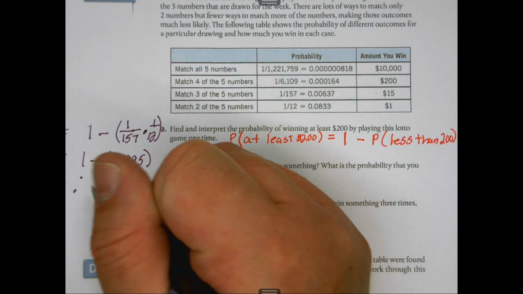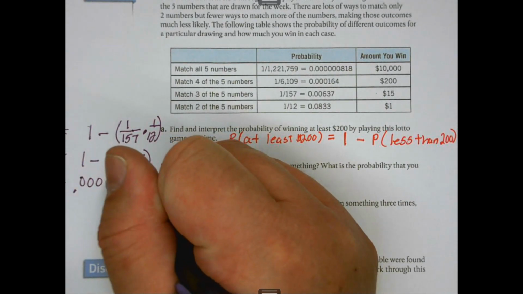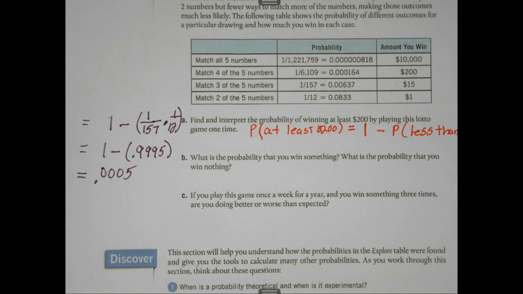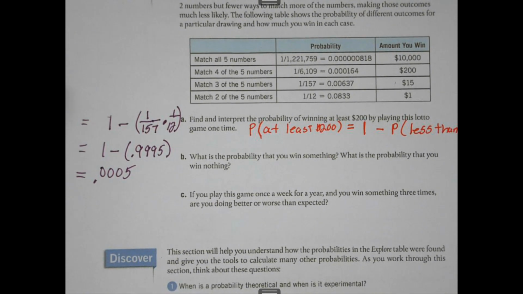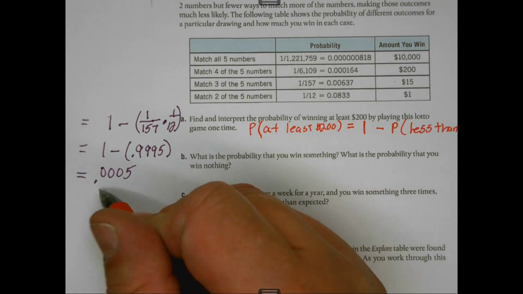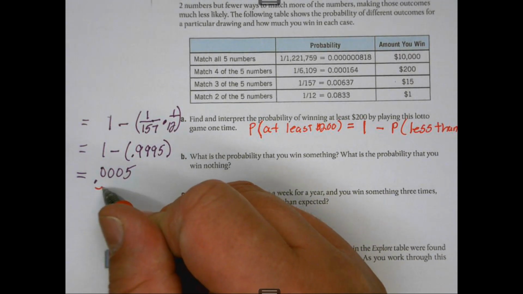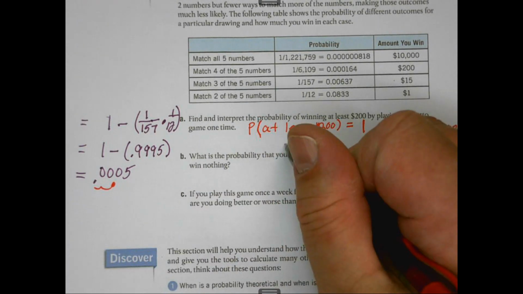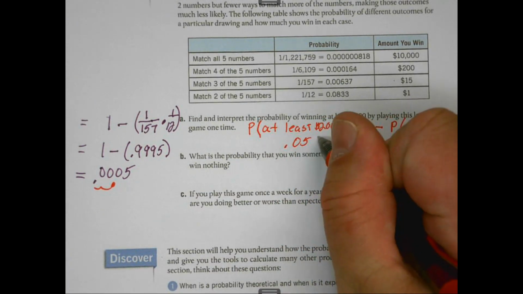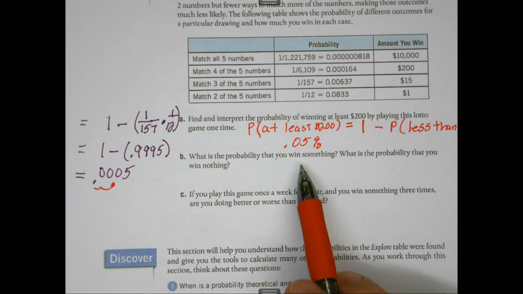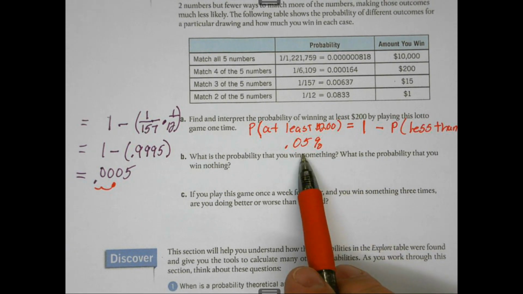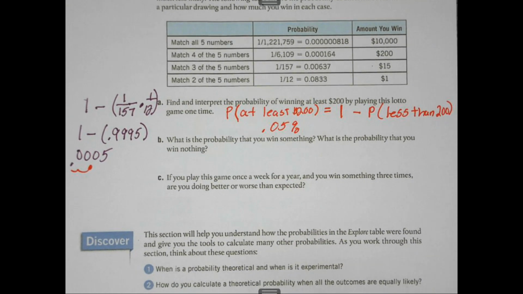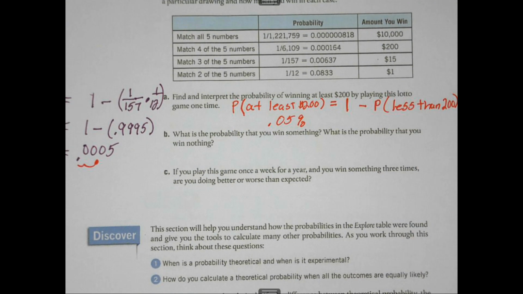So in this lotto or lottery game, my chances of winning at least $200, and I'm going to go ahead and write this as a percent because that's more meaningful to me, moving the decimal over 2 places, is 0.05%. So to win at least $200, I have a 0.05% chance of winning. That's pretty slim. But that's kind of reality with those lottery games. That's why they make so much money and give it to the education system, right? Not politicians' pockets.